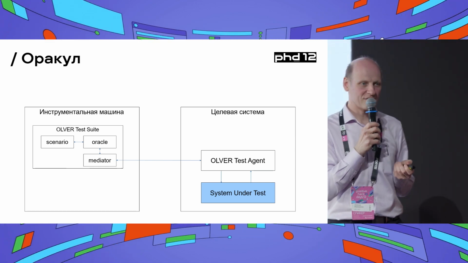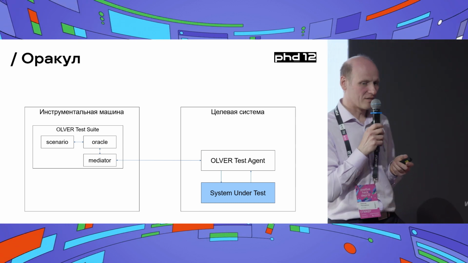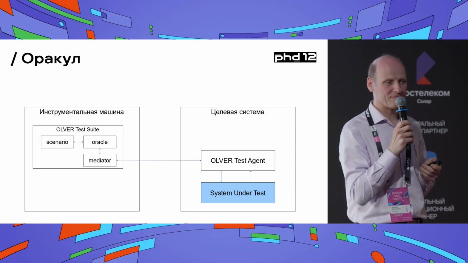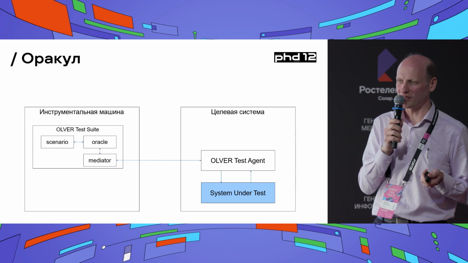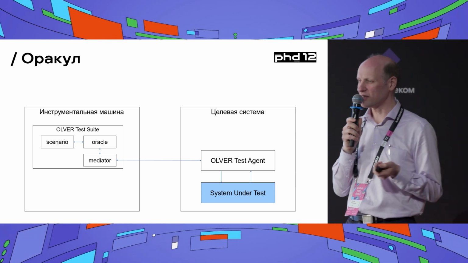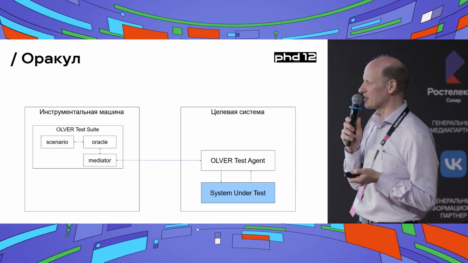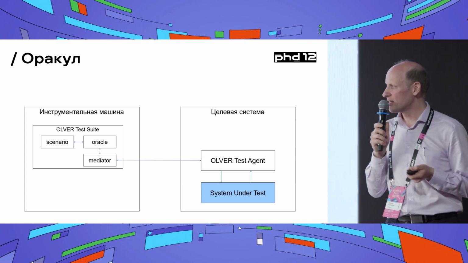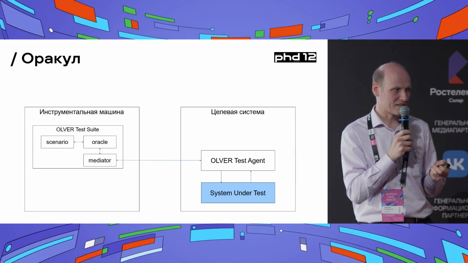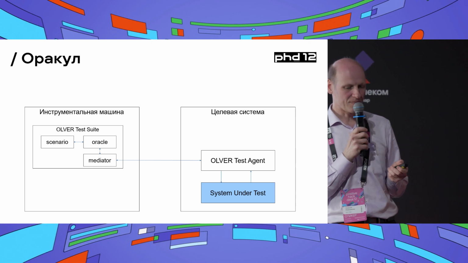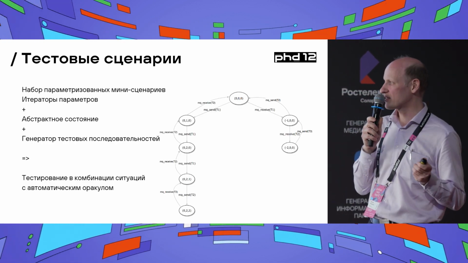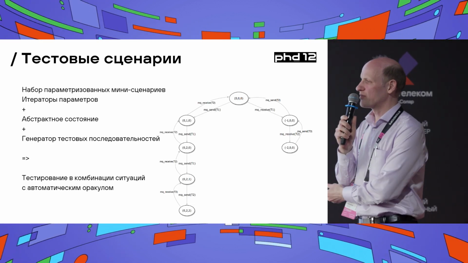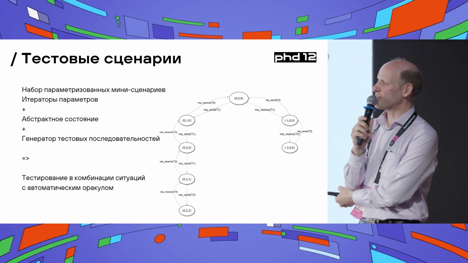But because such a test can be done for any input parameters, this opens up a broad field to generate testing sequences for functions in various states with various parameters.